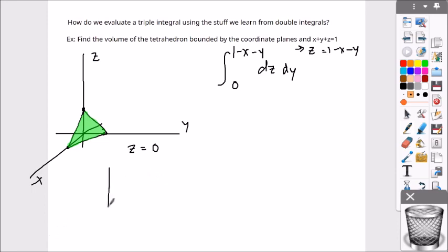Let me draw the xy plane. X, y. So if z is equal to 0, then we have x plus y equals 1. This is the projection that you will get right here.